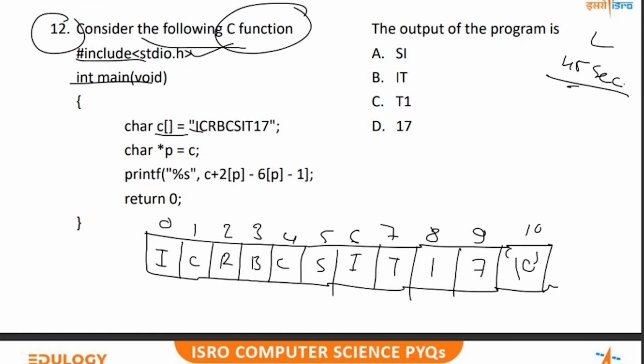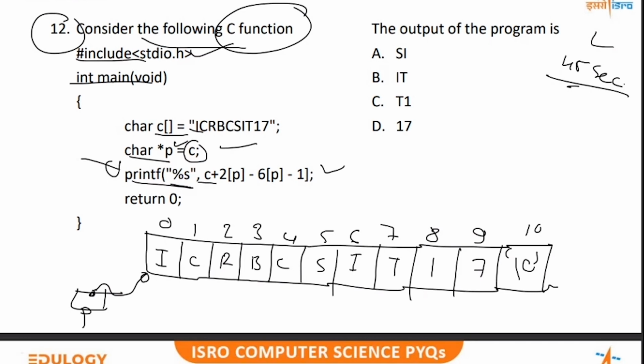Now what we have to do: there is another pointer p, and here we are giving the address of c to the pointer p. So after this statement, the pointer p will also point to the same array. Now in printf, percentage s, c plus 2p.